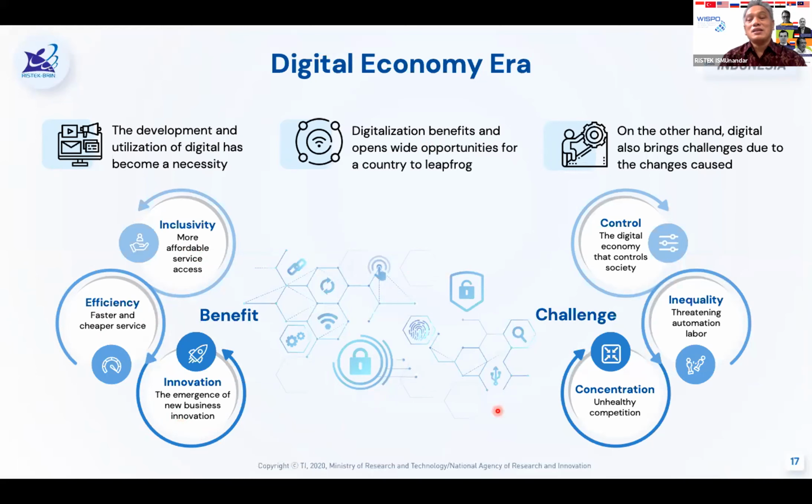But at the same time, the challenge for us is control, the digital economy controlling the society, and also still inequality. It can threaten through the automation of labor and also concentration, and this can create unhealthy competition.